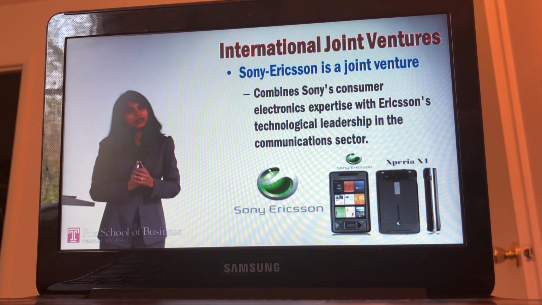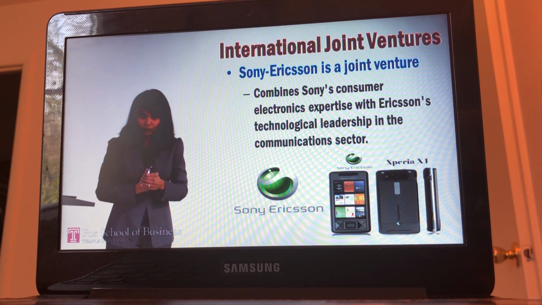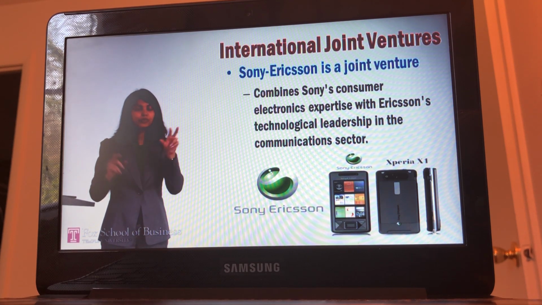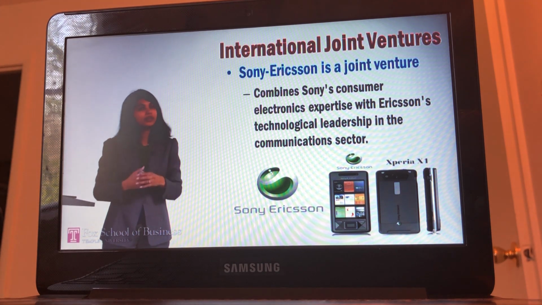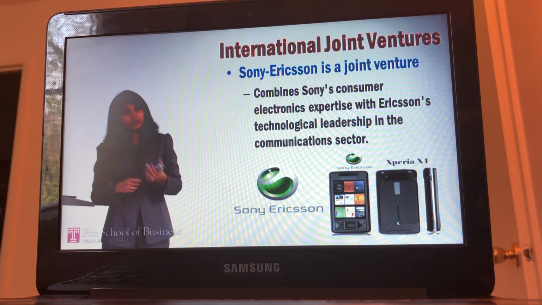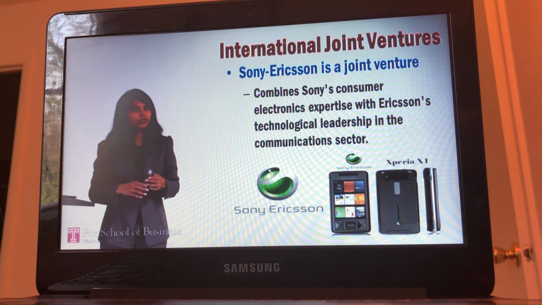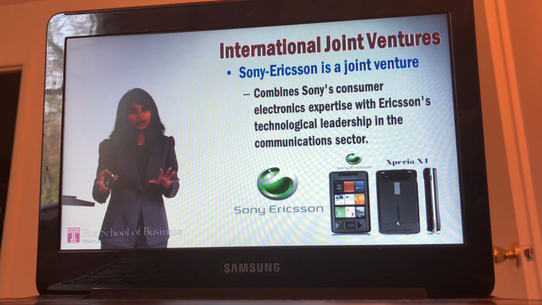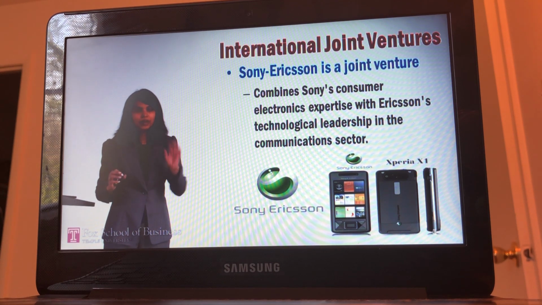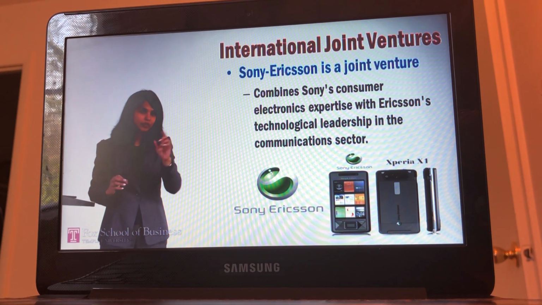This is an example of an international joint venture. We are saying international joint venture because here two firms from two different nationalities are coming together to form a joint venture. Sony Ericsson is a very good example. It combines Sony's consumer electronics expertise with Ericsson's technological leadership, such that neither Sony nor Ericsson makes any mobile phones. All the mobile phones are made by Sony Ericsson now.